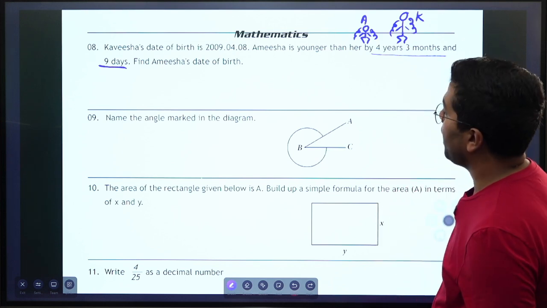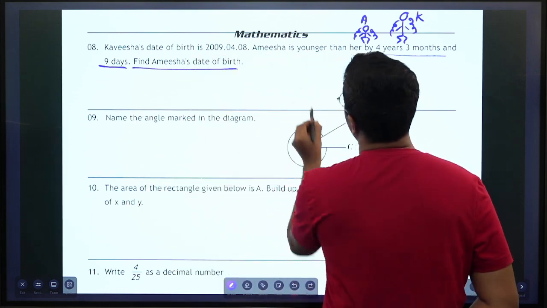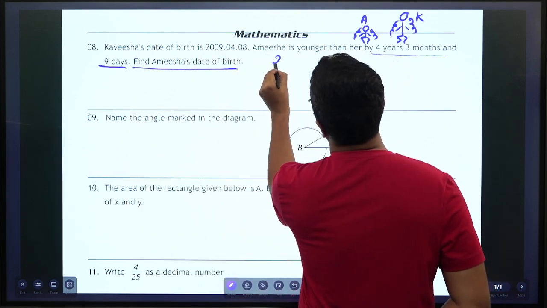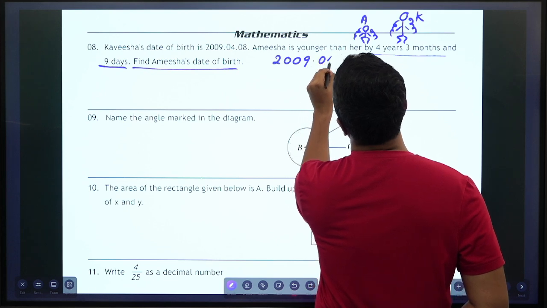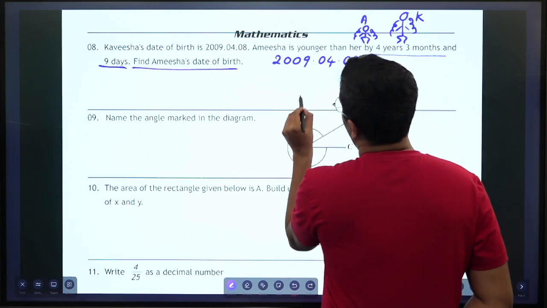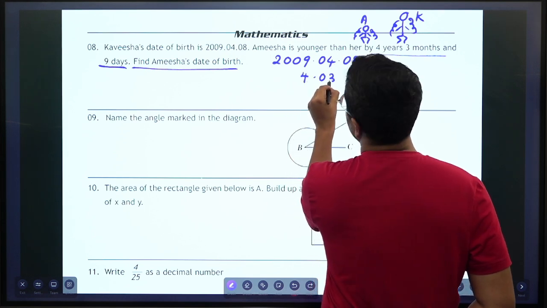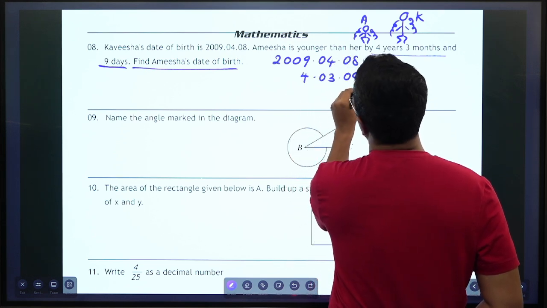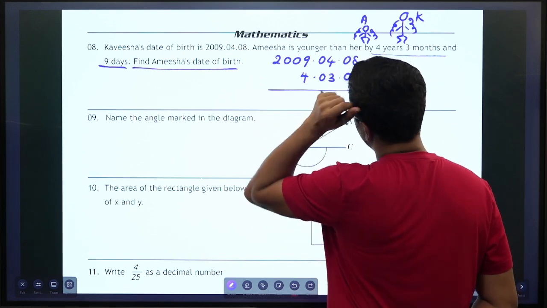Find Amisha's date of birth. Kavisha's date of birth is 8th April 2009. Amisha is 4 years, 3 months and 9 days younger than her.